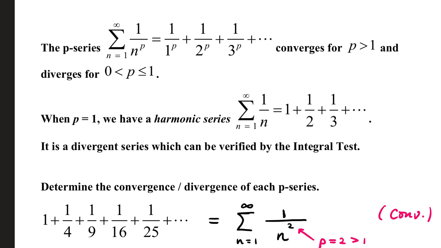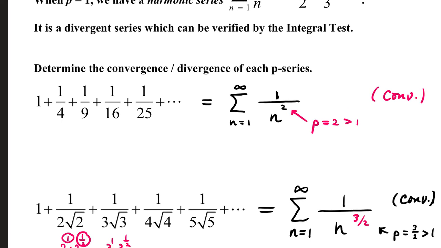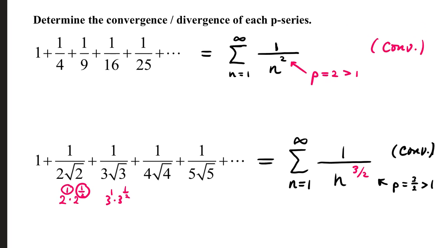Under here, we're going to have some examples where we look at certain patterns. We're going to try to develop a p-series from the pattern we see, and then we'll decide on what p-value we have and whether or not we have convergence. First example, 1 plus a fourth plus 1/9 plus 1/16, and so on.